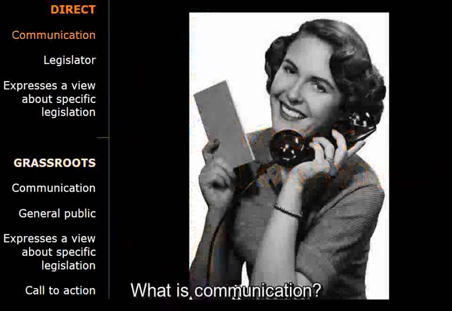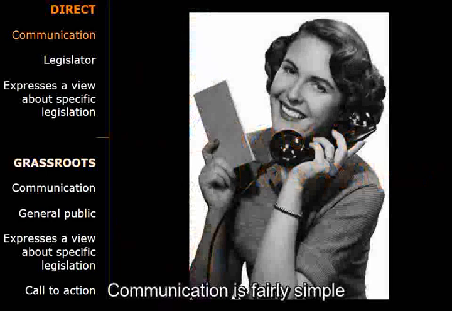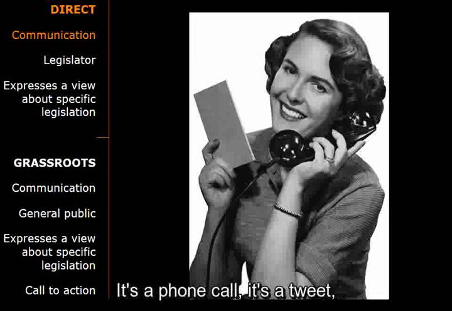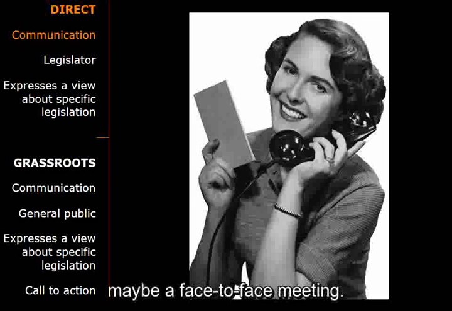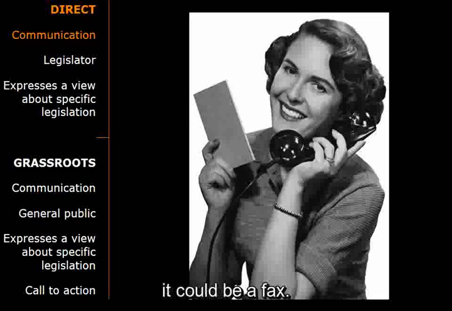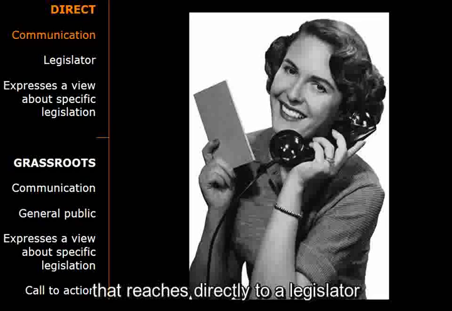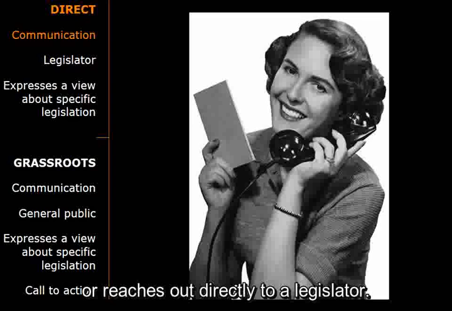So what's a communication? A communication is fairly simple. It's a phone call. It's a tweet. Maybe a face-to-face meeting. A communication could also be a Facebook post. It could be a fax. Any form of communication that reaches directly to a legislator.